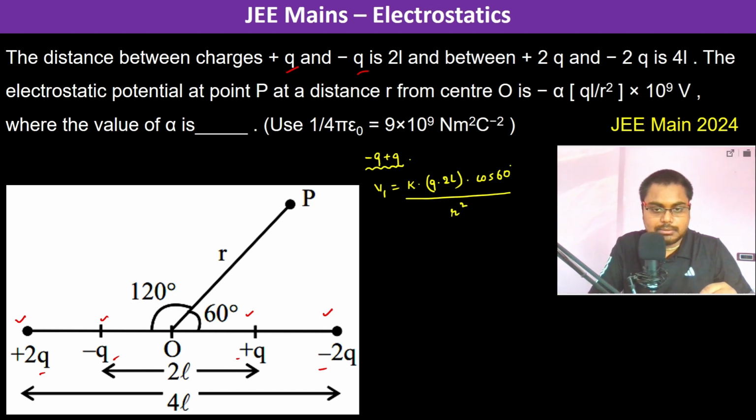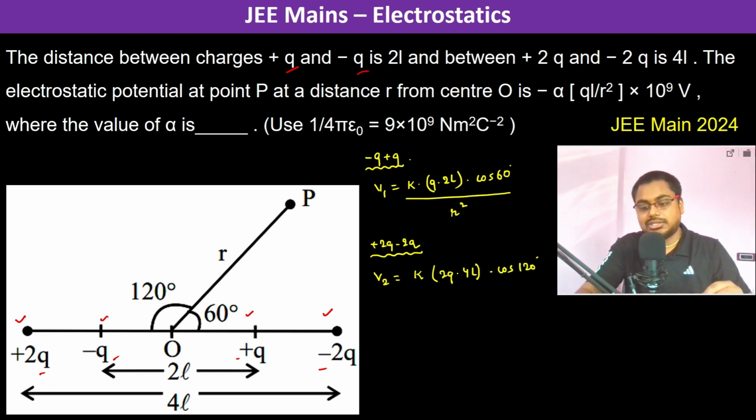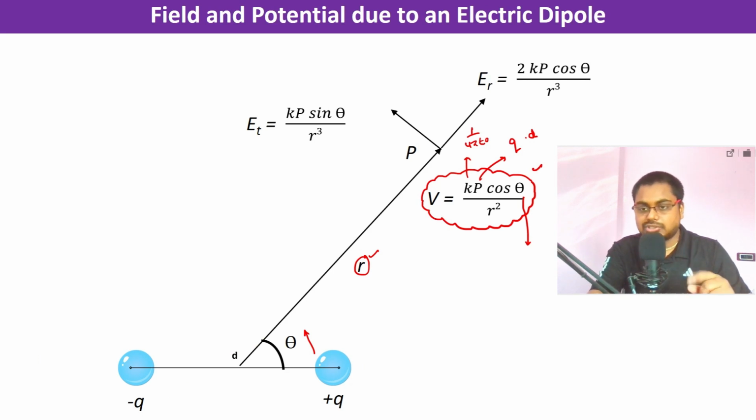For the plus 2q and minus 2q dipole, the potential is going to be k into 2q into 4L, which is the dipole moment, into cos of 120 degrees, because the theta is taken from the positive. Now here also we can see that the theta is being taken from the positive charge.